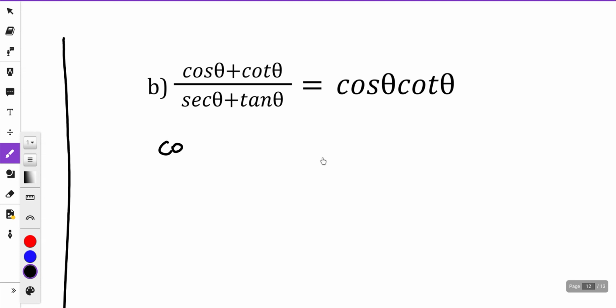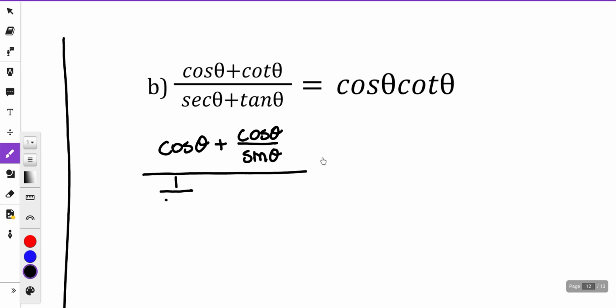So I have cos theta, that's obviously okay, plus cotangent theta. That needs to change. That is cos over sine. That's my new numerator. The denominator. I have secant theta, so secant needs to change to become 1 over cos.